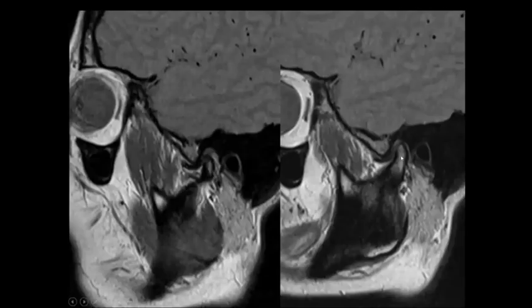In this example, we can see that the disc is anteriorly dislocated along the articular eminence. If you look at the open mouth views, you can see that the disc is at the same position. There really is a very minimum translation.